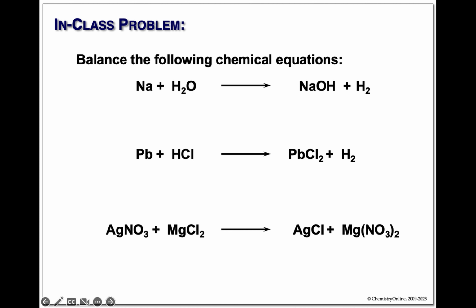Only 2 on that side, but at least it's an even number. By doing this, we gave ourselves 2 sodium, so we need to fix that. And let's see. We have 1, 2, 3, 4 hydrogens. Here we only have 2. I think that ought to work. Yep.